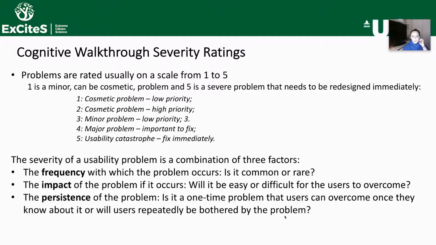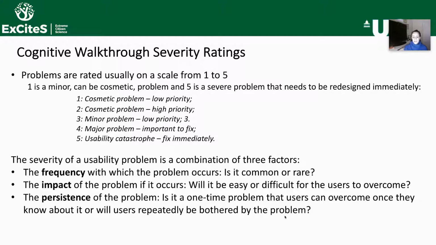I also mentioned before that you can use severity ratings, and the same principles that we described in the previous part of the lecture for the heuristic evaluation severity ratings apply also here. You can use a scale. Again, scales commonly used are from 1 to 5.